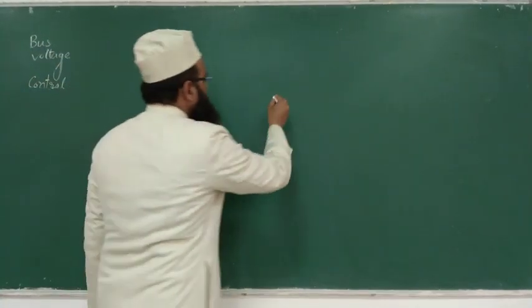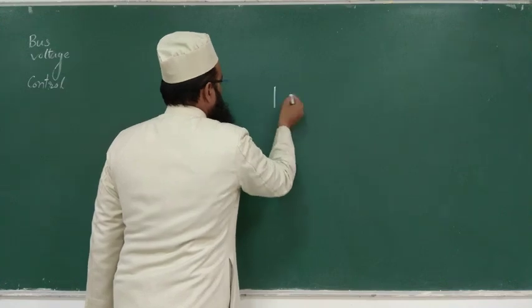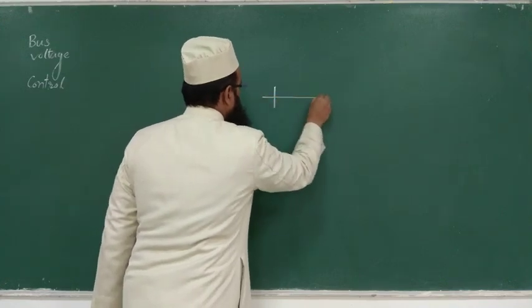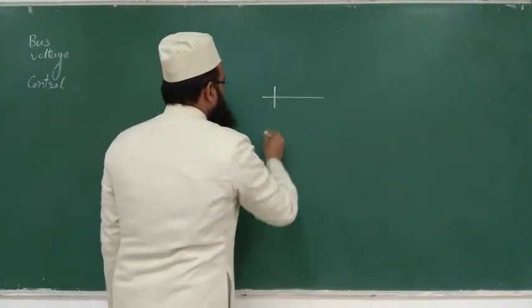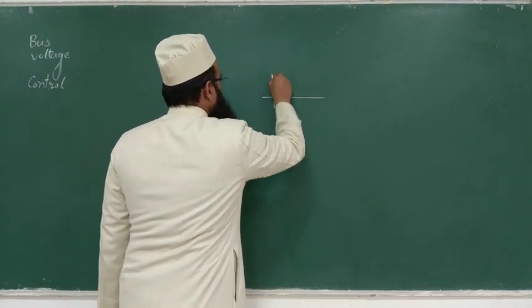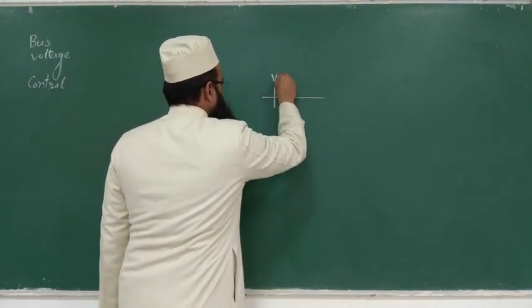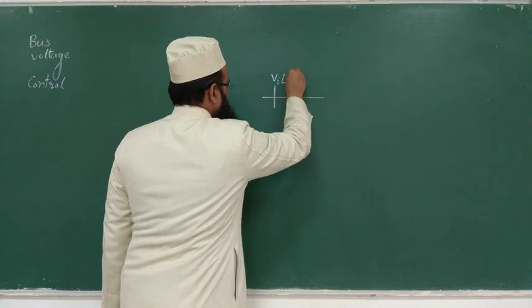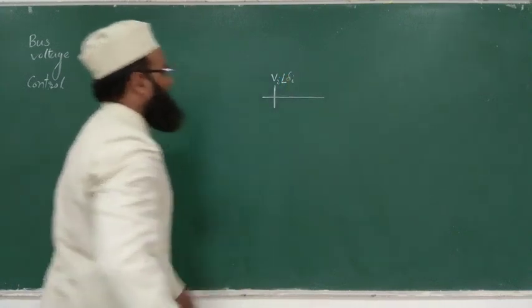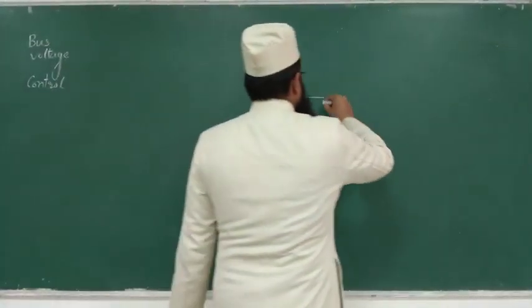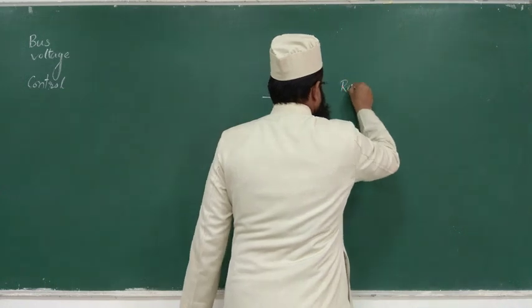Consider any bus of the power system. Say this is the ith bus. The bus voltage is represented by Vi and delta i for the ith bus, and the remaining part of the power system is not shown.